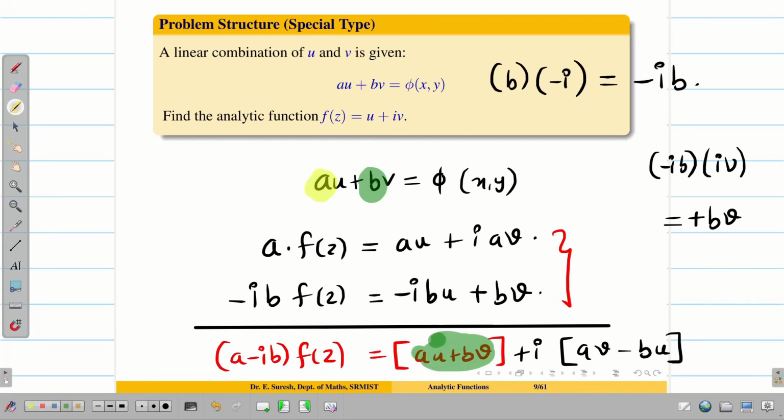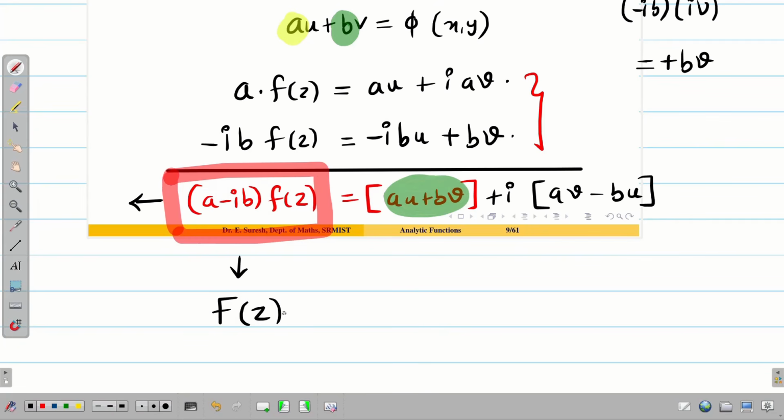So always the given question will be the real part of the analytic function a minus ib into f of z. Since f of z is analytic, this a minus ib into f of z is also analytic. So we take this as capital F of z, and au plus bv as capital U, av minus bu as capital V. And according to our given problem, capital U is equal to au plus bv.